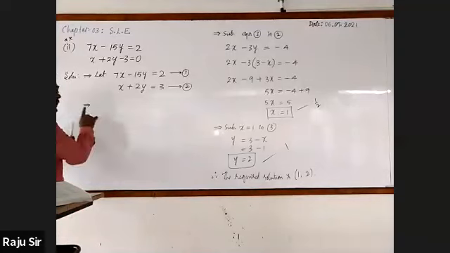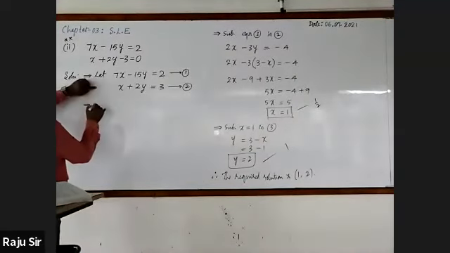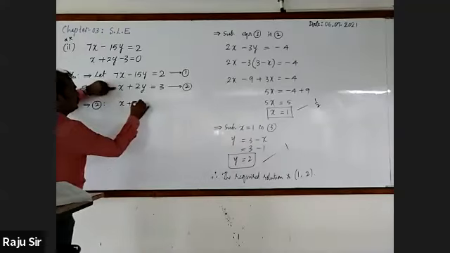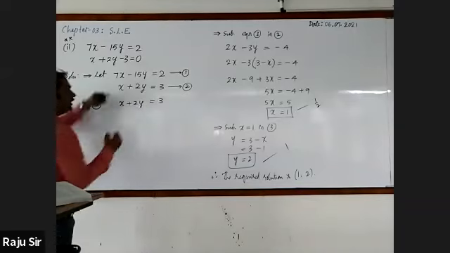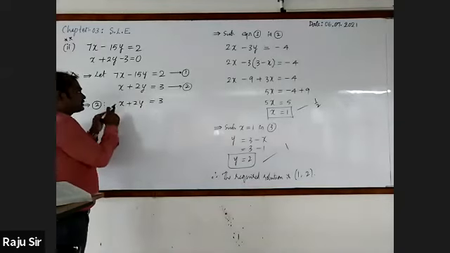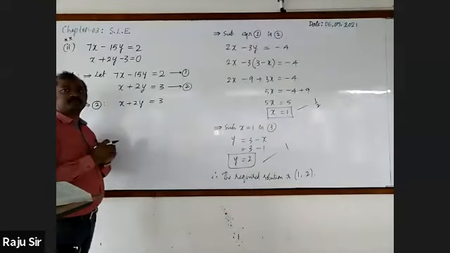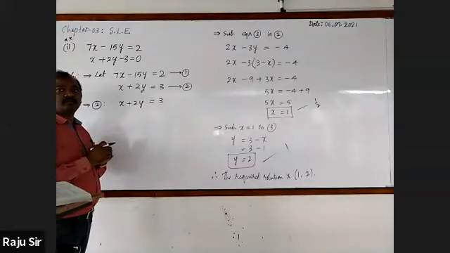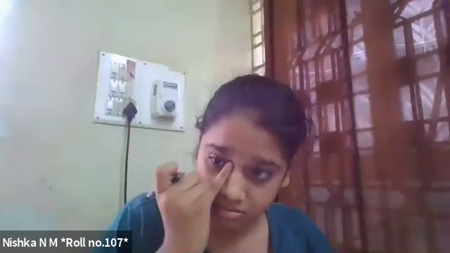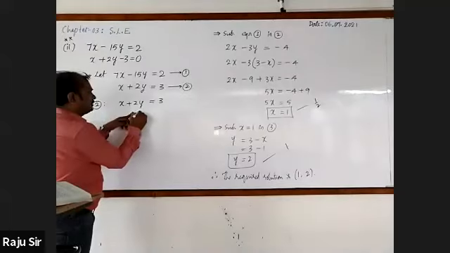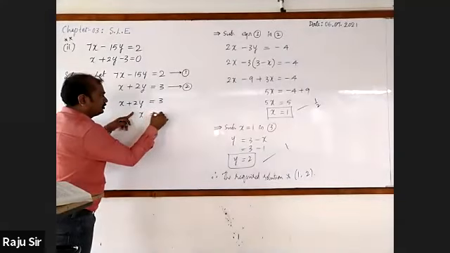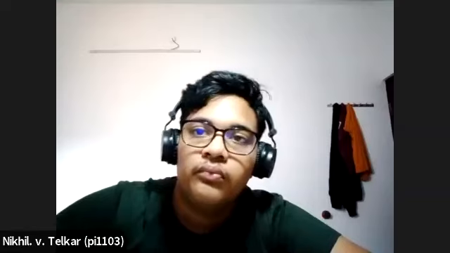Put the implies symbol. Second equation implies x plus 2y is equal to 3. Whether in terms of x or y? X, it will be easier. Right. x is equal to 3 minus 2y, transferring 2y to the right hand side.